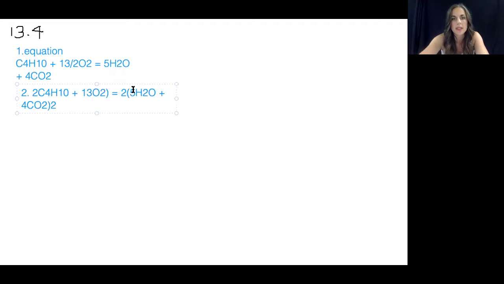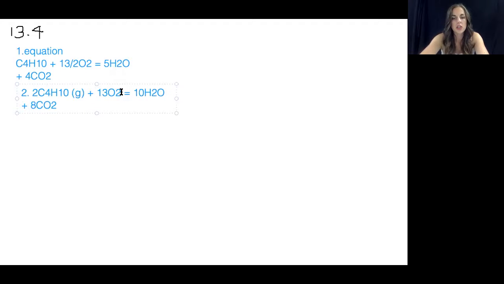Okay, let's factor this out. 2 times 5 is going to make 10, and then 2 times 4 is going to make 8. Okay, so let's make sure this is our balanced chemical equation. And we do need to add the phases real quick. They tell me that this is gaseous butane.